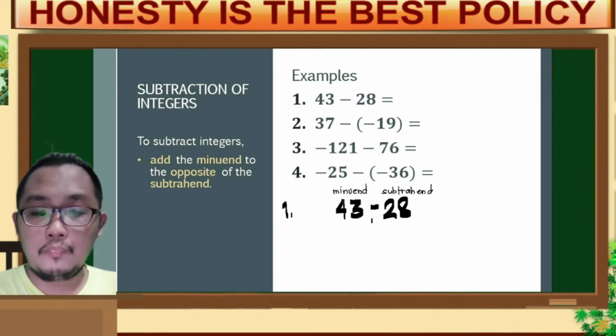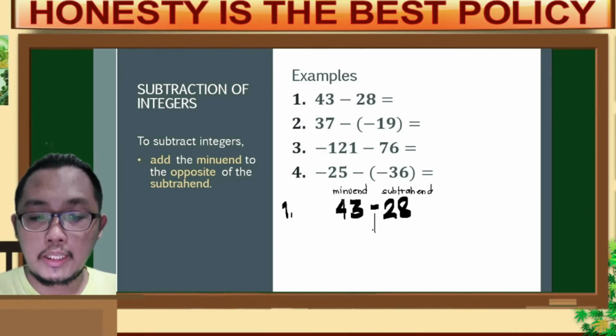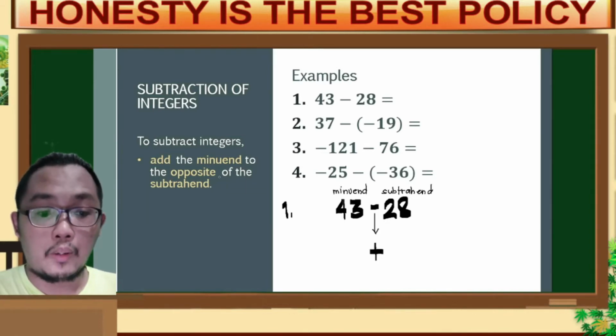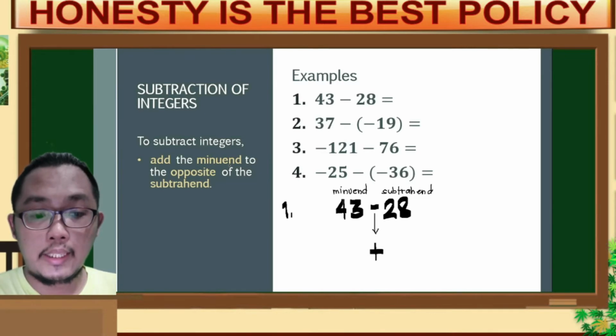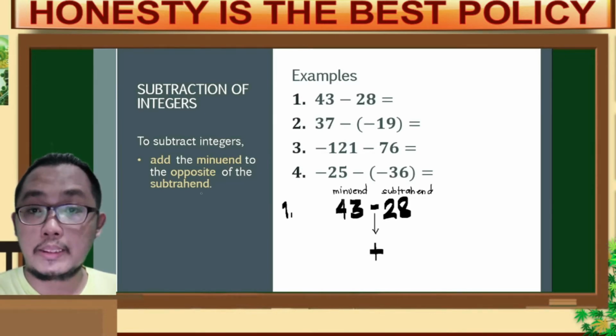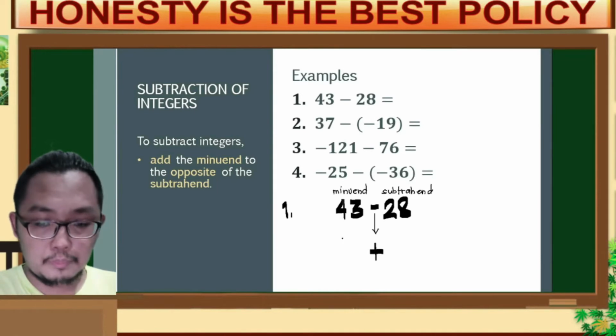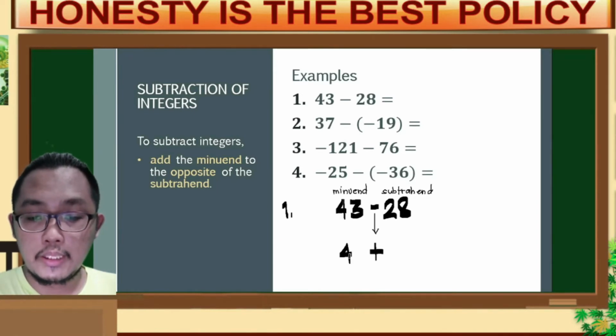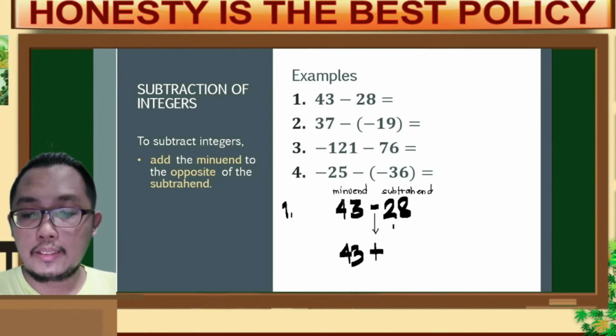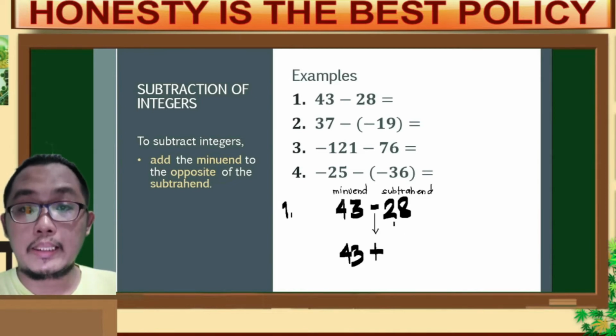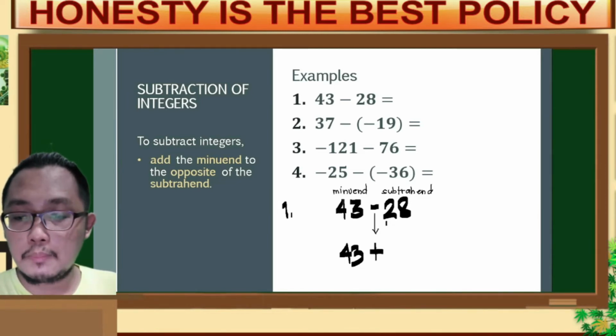That means we will be changing the subtraction here to addition. What we need to add are the minuend and the opposite of the subtrahend. The minuend is obviously 43, while we should take the opposite integer representing your subtrahend. If this is positive 28, then the opposite of such will be negative 28.